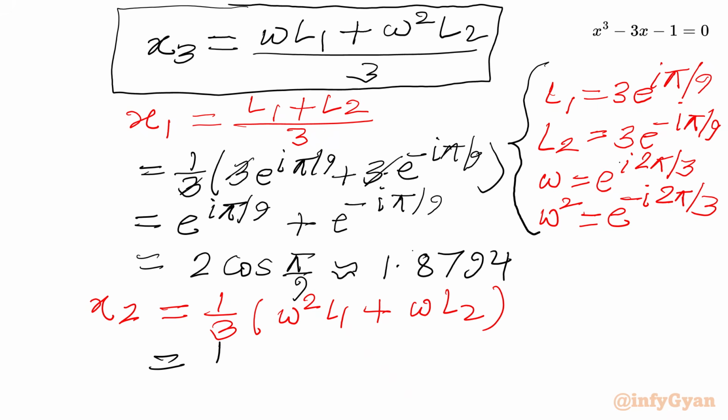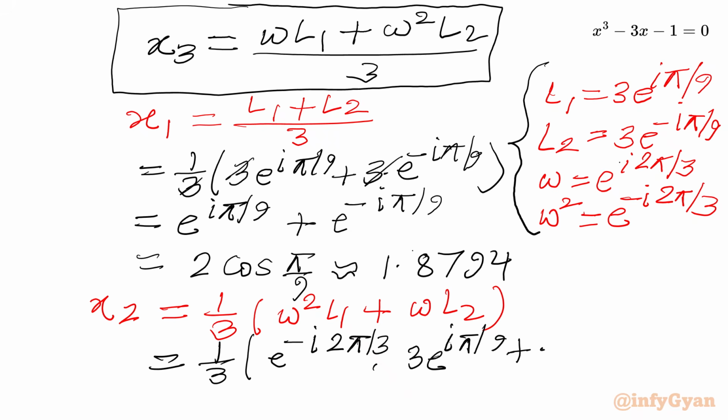So I can write 1 over 3 in bracket omega square, e power minus i 2 pi over 3, times L1, which is 3 times e power i pi over 9, plus omega, which is e power i 2 pi over 3, times L2, which is 3 times e power minus i pi over 9.